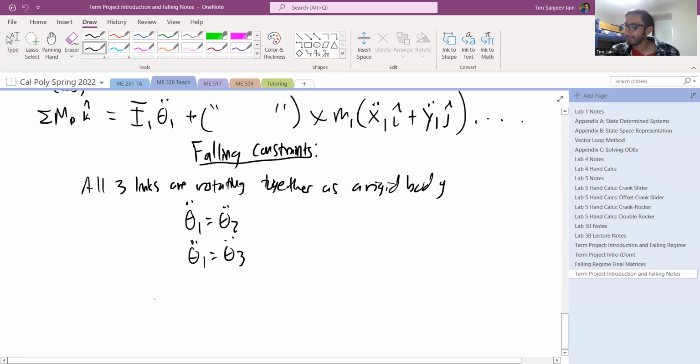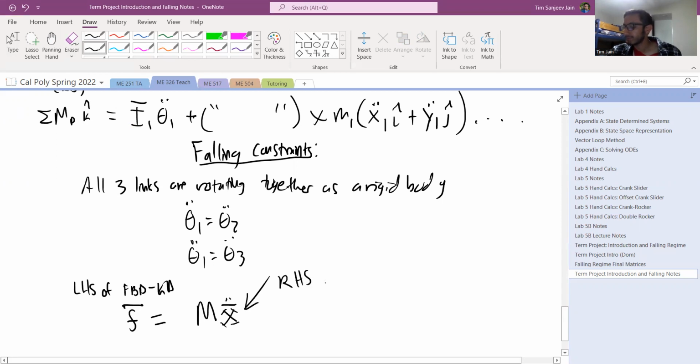Okay, so now the left-hand side of the FBD KD is going to be encapsulated within the vector F. Okay, and this F is going to be equal to M times chi double dot. So this is going to be like the right-hand side stuff, the KD terms.